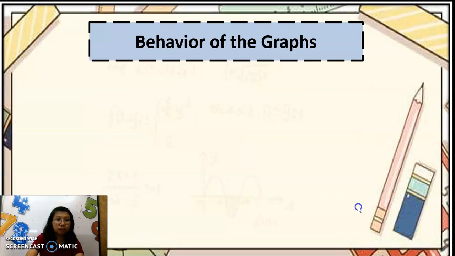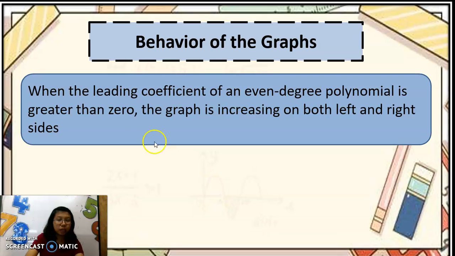And then for the even degree polynomials, when the leading coefficient of an even degree polynomial is greater than 0, which means positive, the graph is increasing on both left and right sides. So increasing on the left, increasing on the right side of the graph.